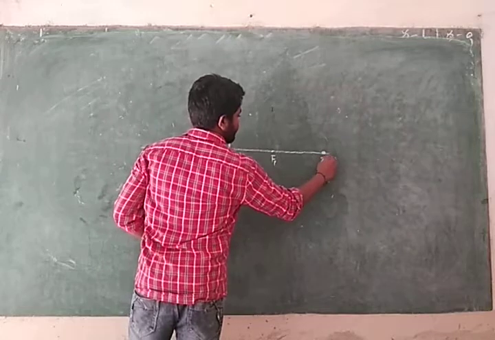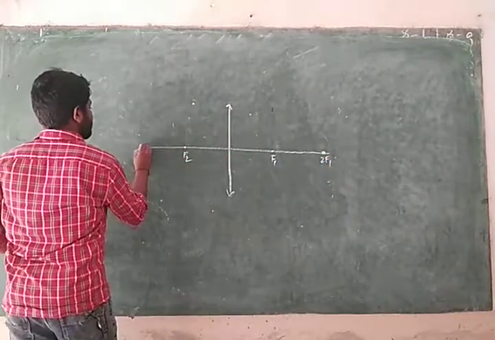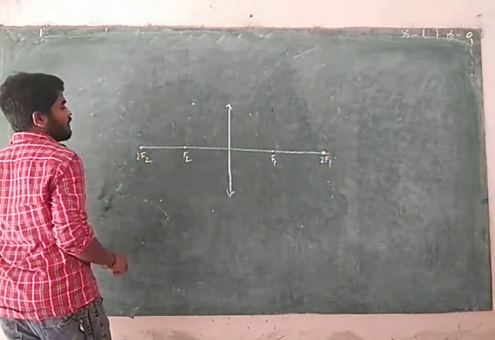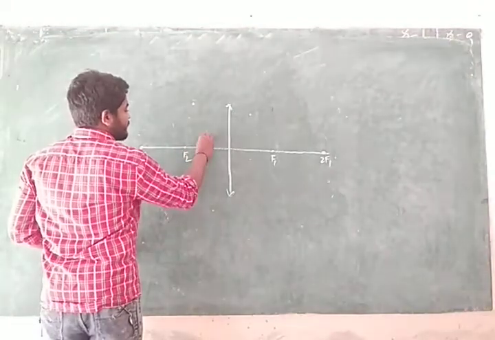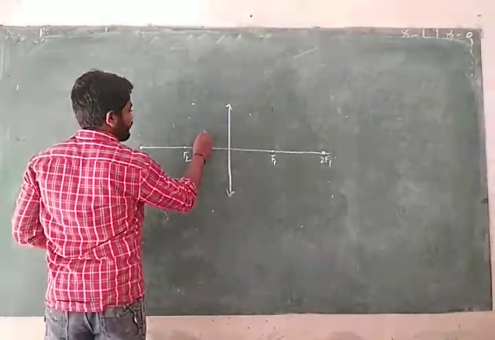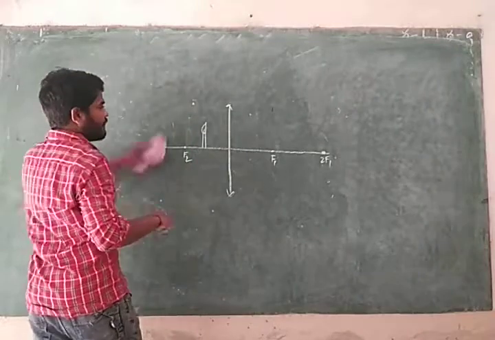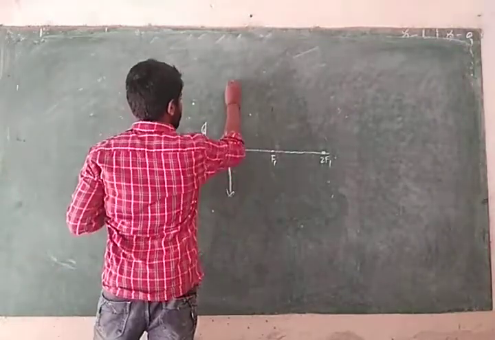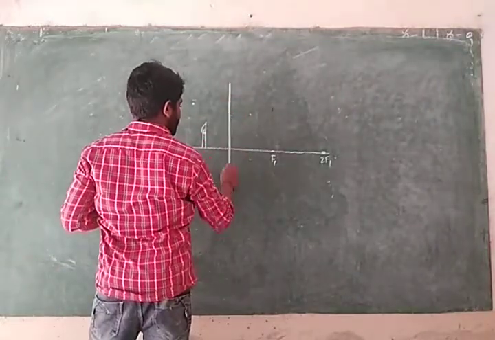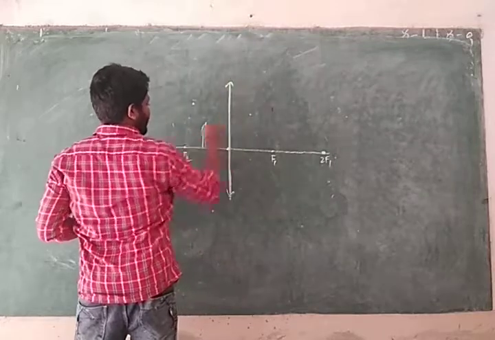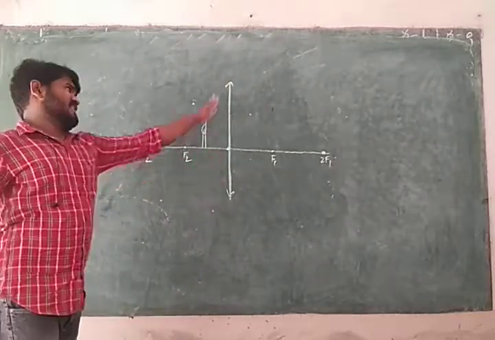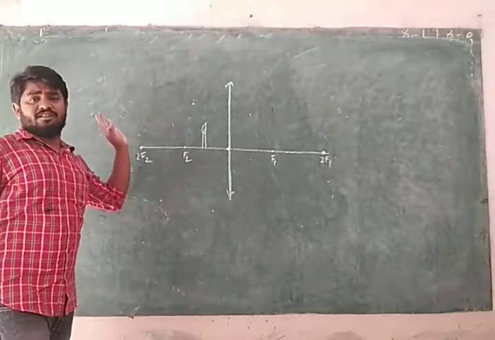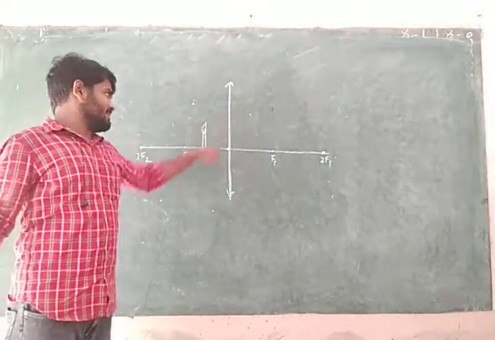It is 2F1 and it is 2F2. Now the object is placed between the optic center and the focal point, or else between the lens and the focal point.